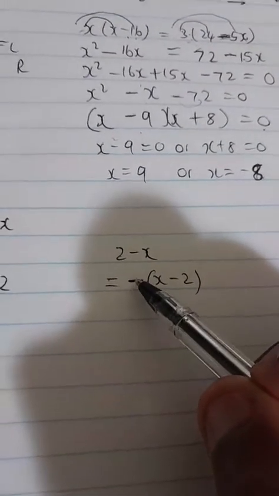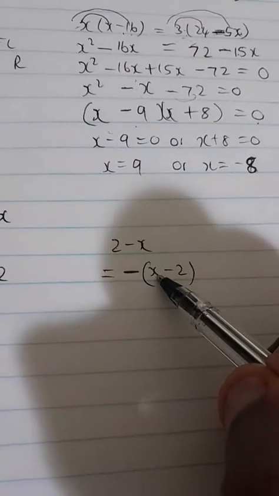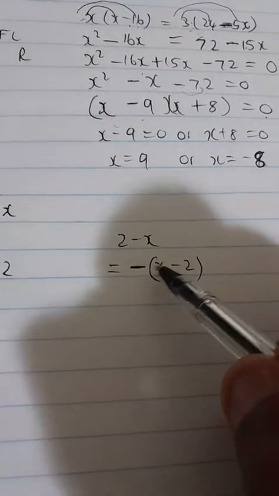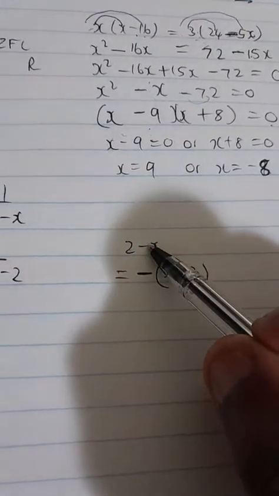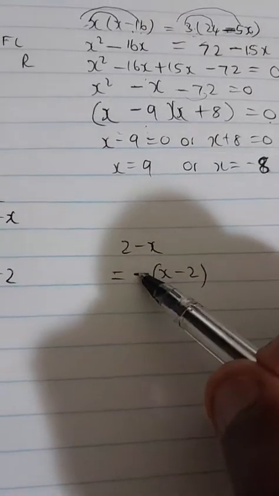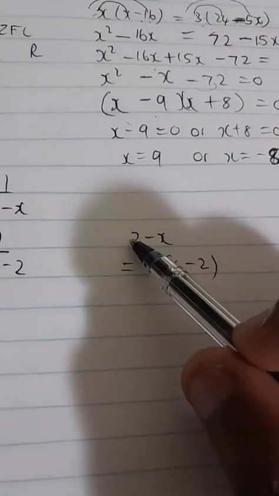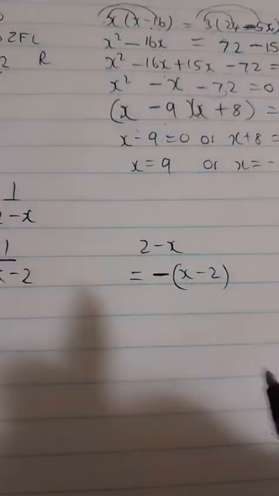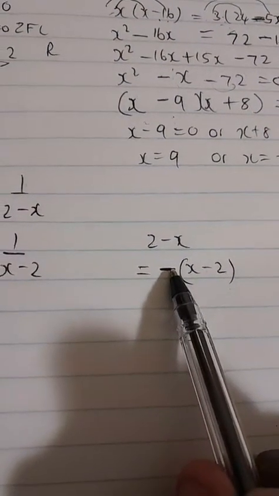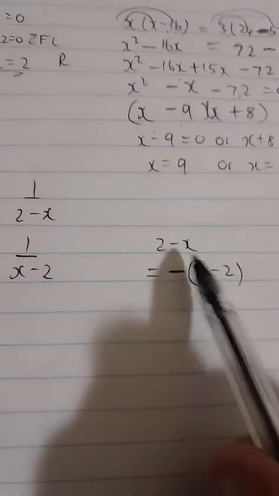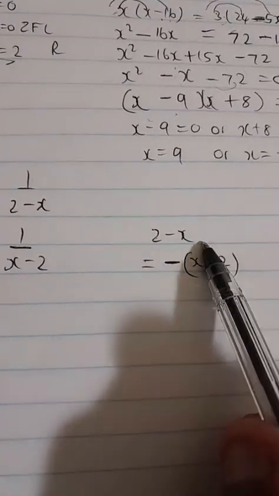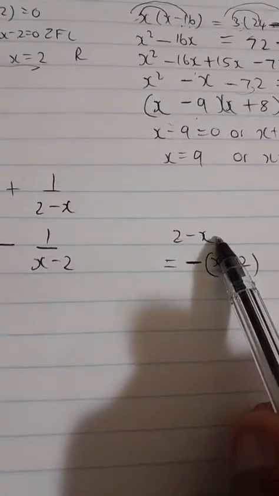Look at this: if I take the negative sign and distribute it back, what's negative times x? I get back the negative x. What's negative times negative 2? I get back the positive 2. So taking out a negative sign helps me retain the identity of the expression.